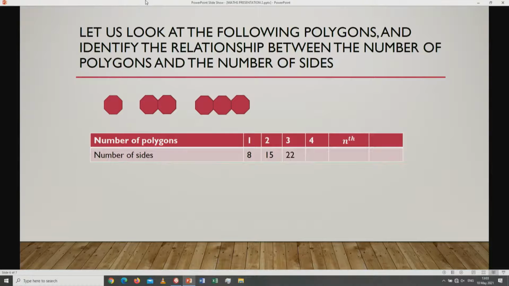Right. So now we have done them. We have found the polygon where there are 4 polygons. We were able to find it, and we have also found the nth term, or the equation, of this information.